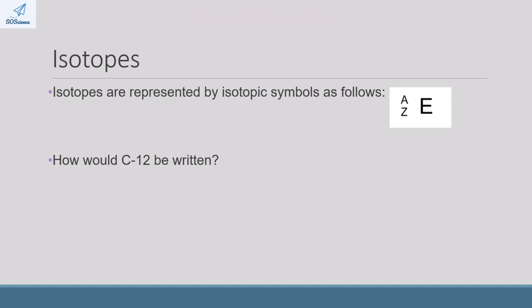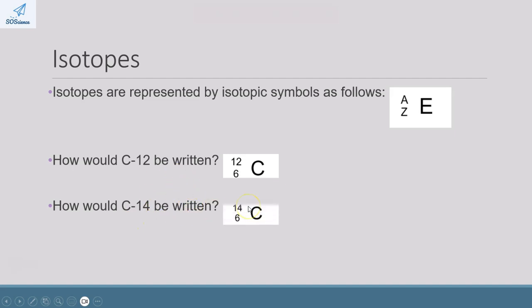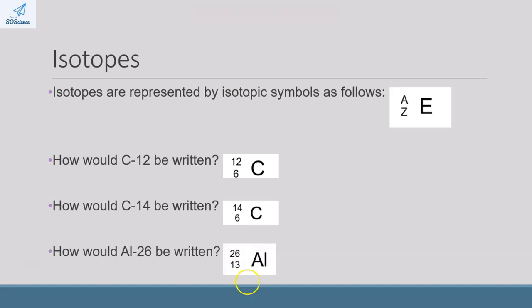So carbon-12 as isotopic symbols will be written like this. Carbon-14, similarly, the mass is the number that we display above, and the atomic number is the number that we display below. How would aluminium-26 be written? We have the 26, which is the mass of the atom above, and the number of protons, the atomic number, represented below.